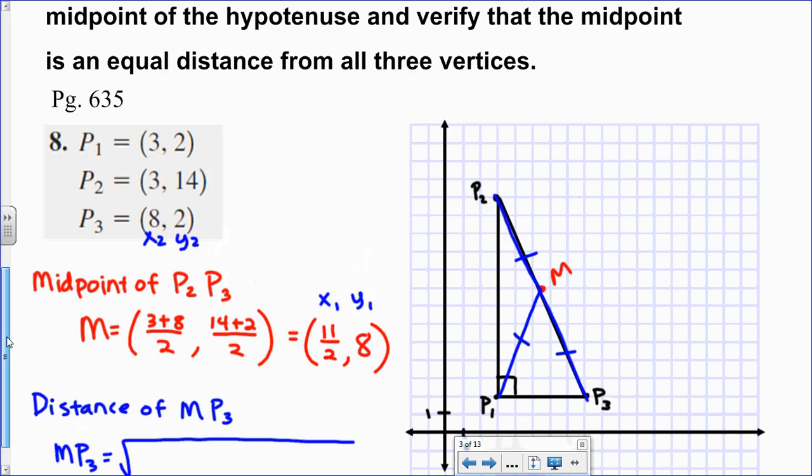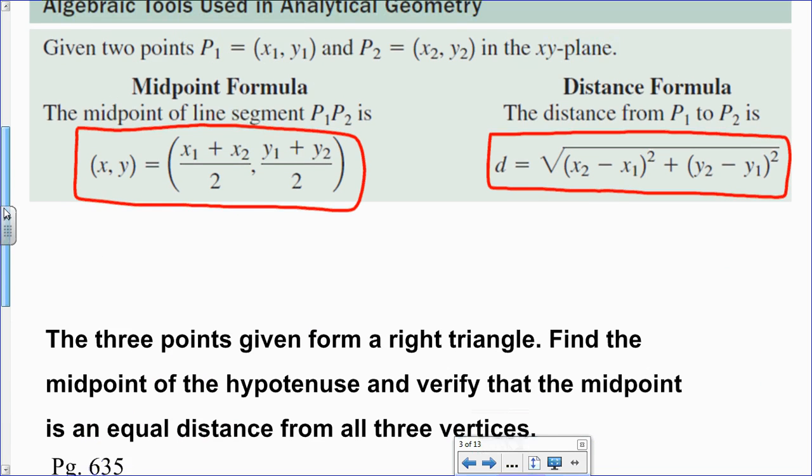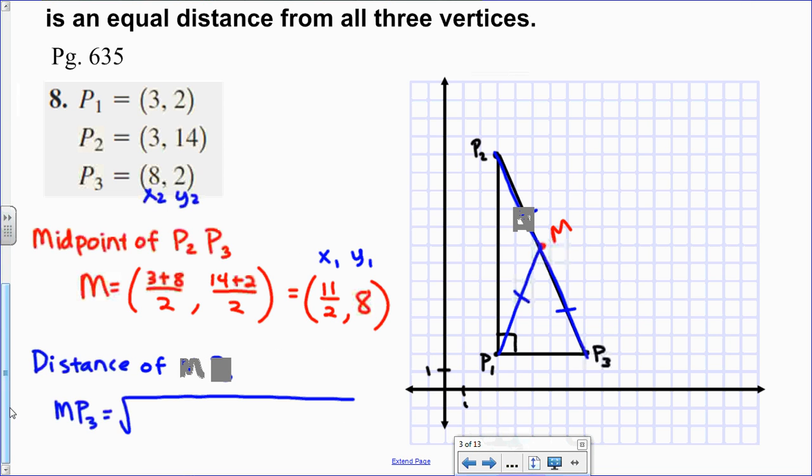All right, so if you go back to your distance formula, x2 minus x1, so 8 minus 11 halves, so minus 5.5 squared. It's just easier to type that in your calculator as a decimal. Plus y2 minus y1, so 2 minus 8 squared.